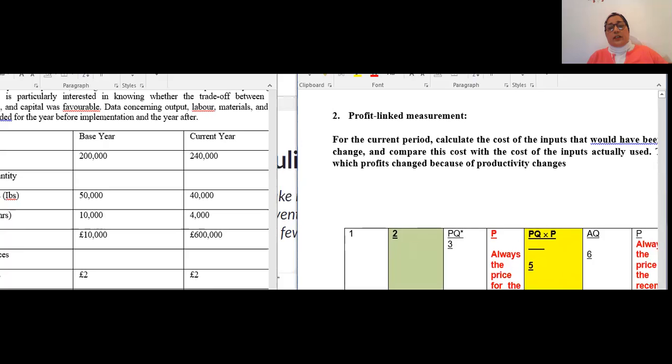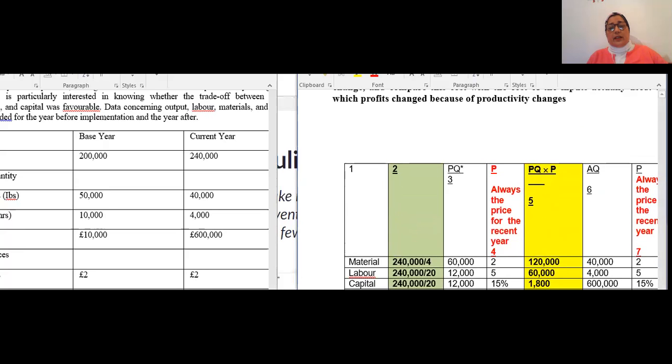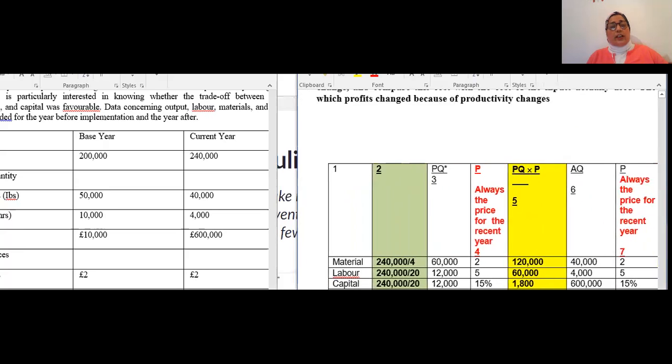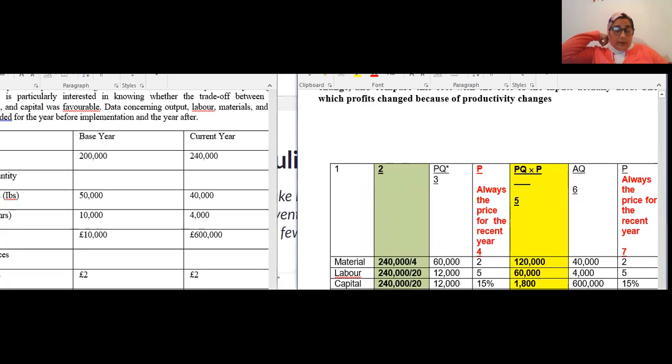I have tried my best here to put everything in colors as usual, just to let you understand what I mean. We create this big table, and by the way, I will not provide you with the layout in the final exam.